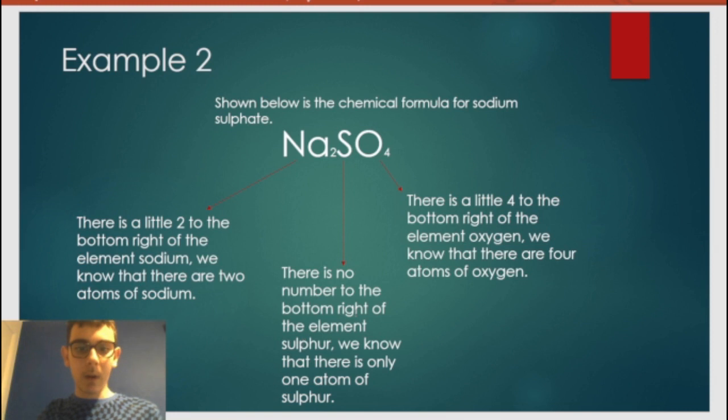So there's 1 atom of sulfur. And there's a little 4 here, so we have to times the oxygen atoms by 4. So there's 4 atoms of oxygen here. So sodium sulfate is made up of 2 atoms of sodium, 1 atom of sulfur, and 4 atoms of oxygen.